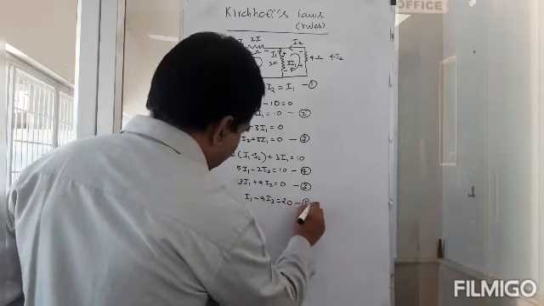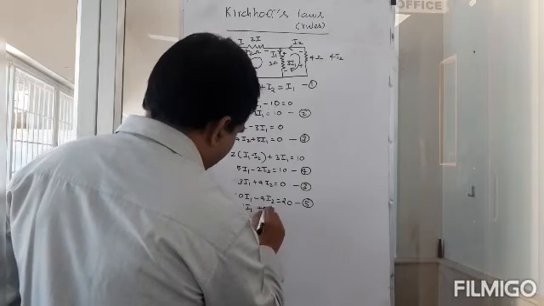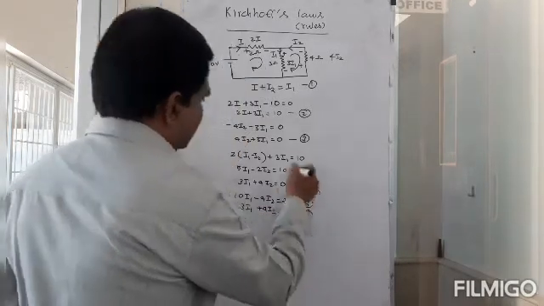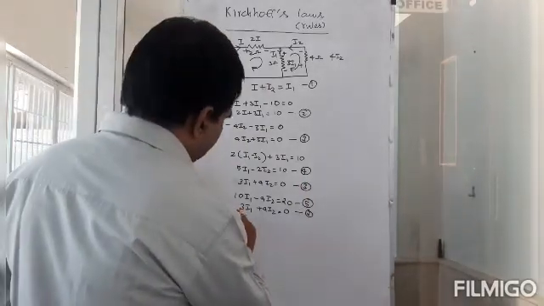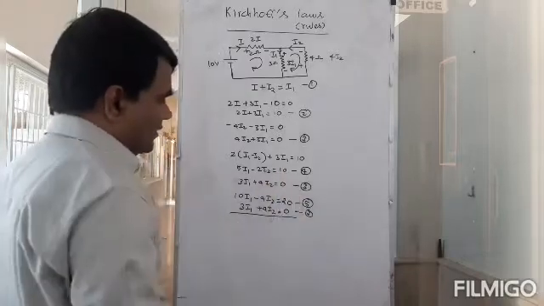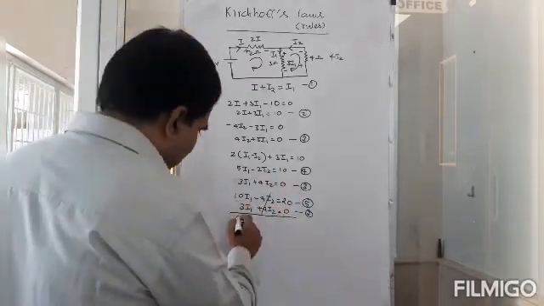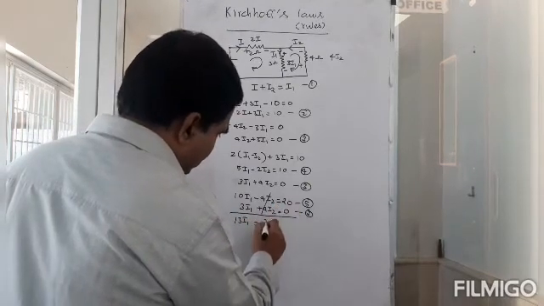That's my equation 5. Then I get 3i1 plus 4i2 equal to 0. That's my equation 3 as usual. Now I can just add them, right? If I add these two, then this will cancel. So that will become 13i1 equals 20 plus 0 is 20.